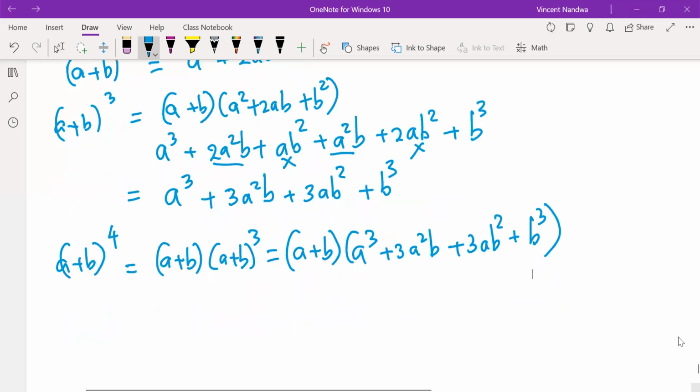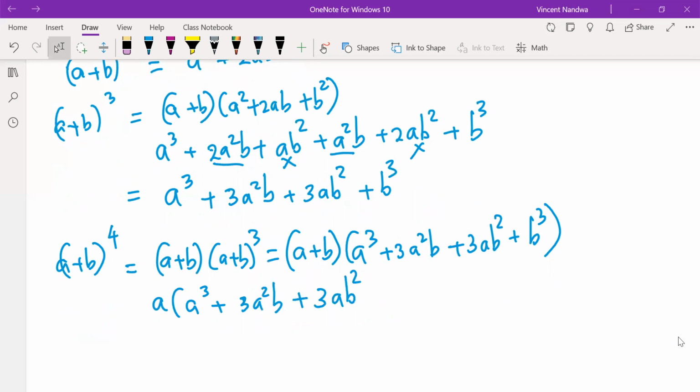So this will give us a into (a cubed plus 3a squared b plus 3ab squared plus b cubed) plus b into (a cubed plus 3a squared b plus 3ab squared plus b cubed).